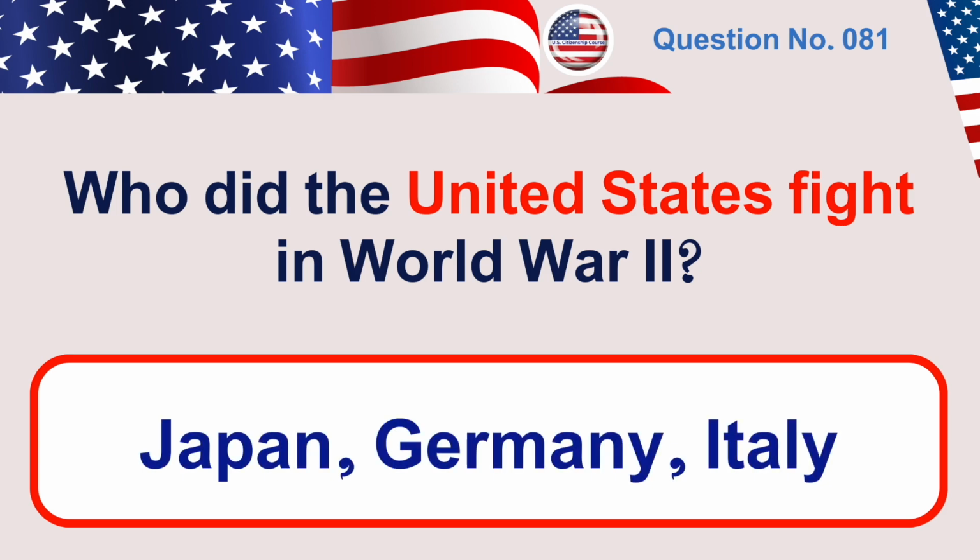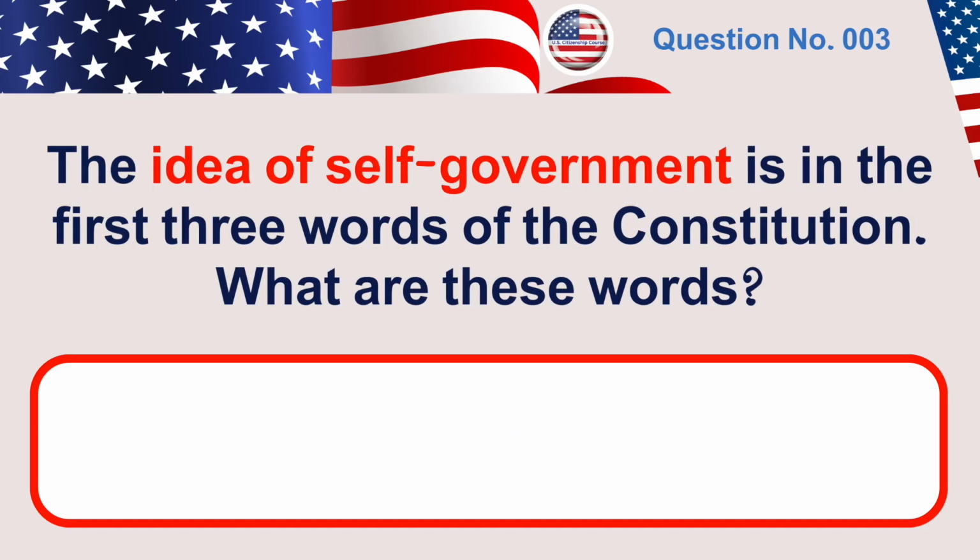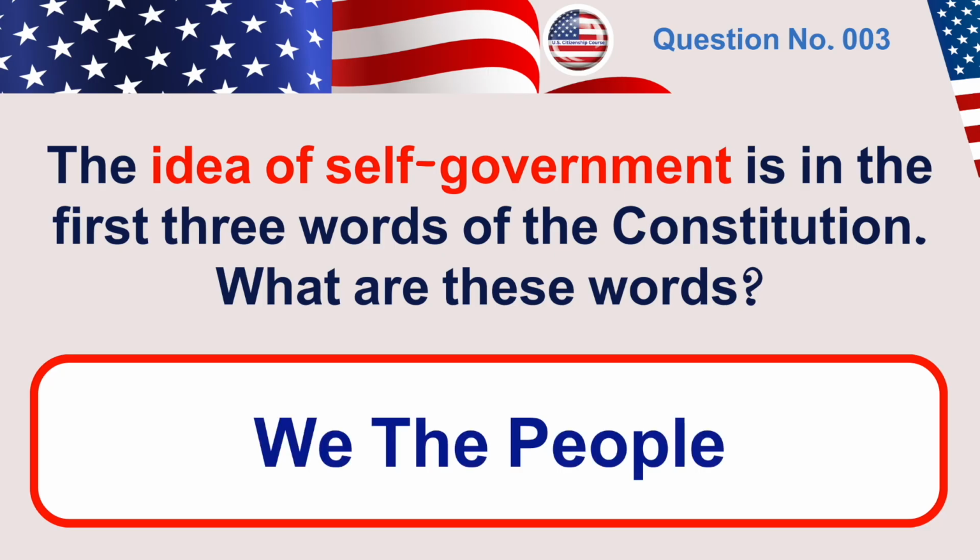Japan, Germany, and Italy. The idea of self-government is in the first three words of the Constitution. What are these words? We the people.